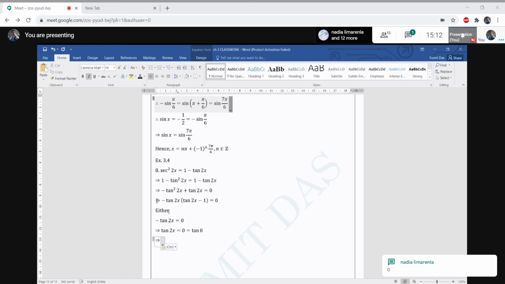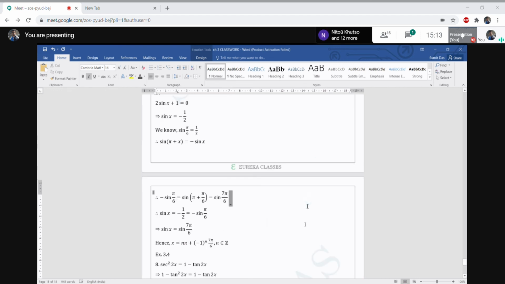So that will imply 2x equal to n pi plus 0. Why am I writing this? Again, I'm reminding you of theorem 3.